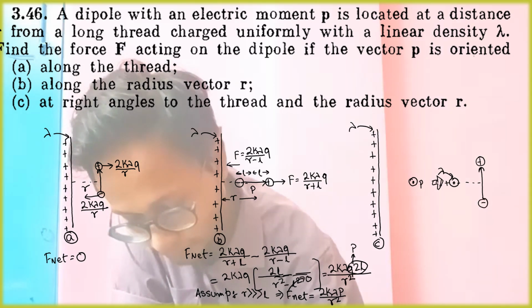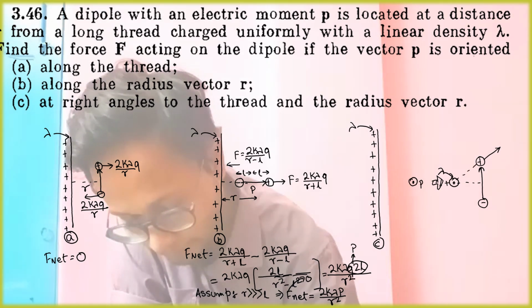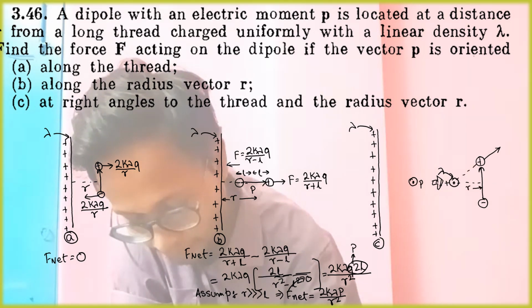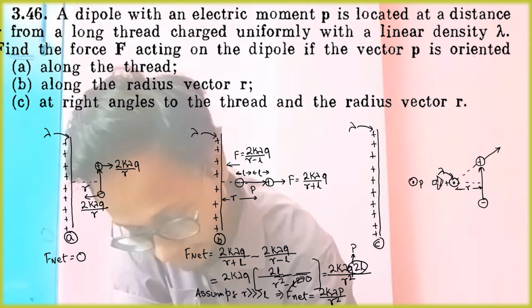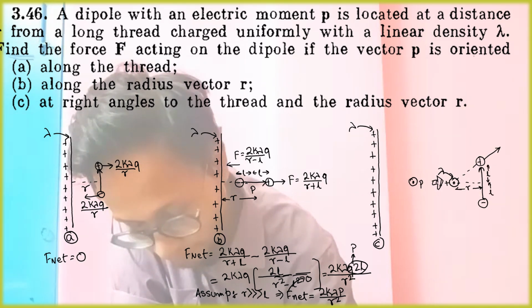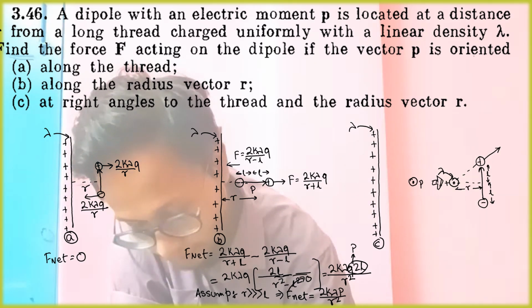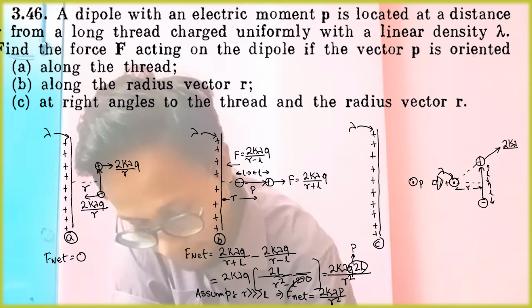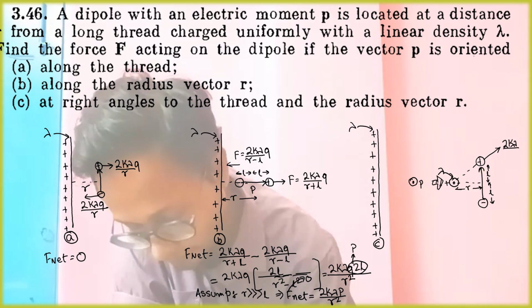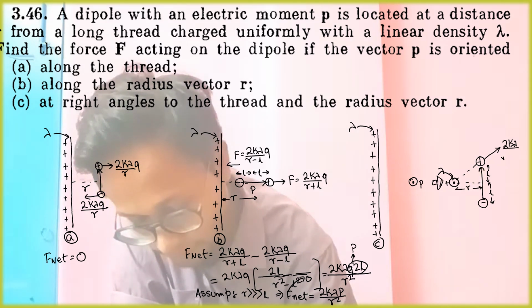Out here the force would be how much? In this direction. This is l, this is also l, isn't it? So out here the force would be 2kλ/r, where r is the square root of R² plus l².